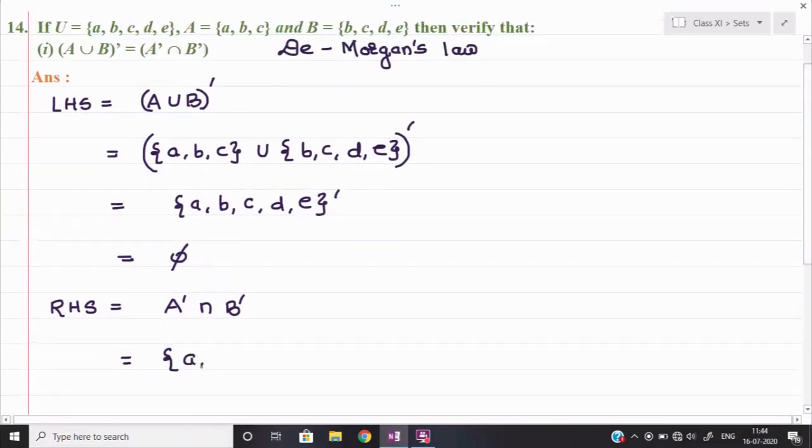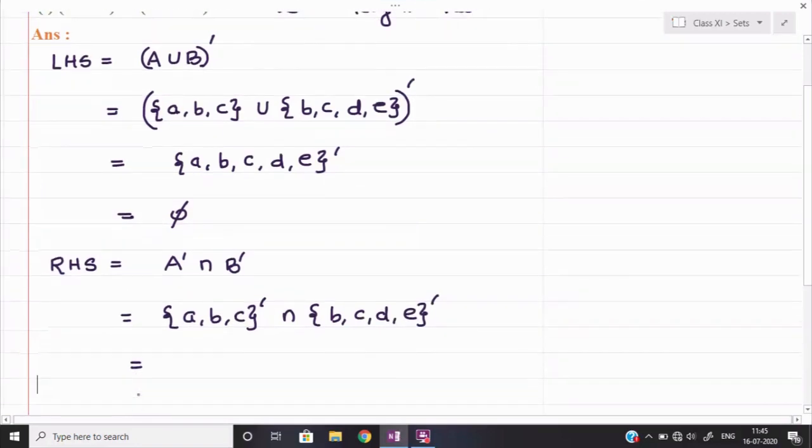So A I am writing as A comma B comma C, their dash I need to find out. Intersection, what is the value of B? I have B comma C comma D and then E, and there also I need to find out the complement. Now A B C, if I subtract from U, what is U here?